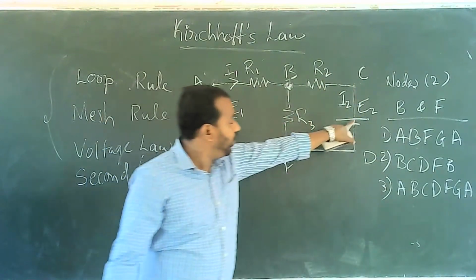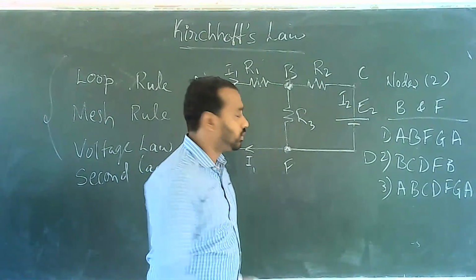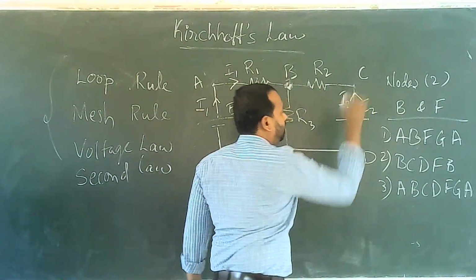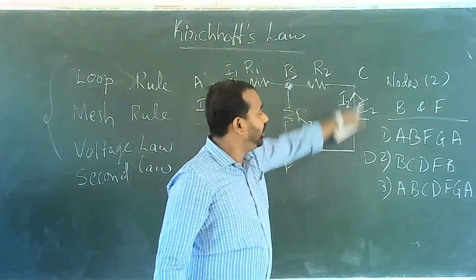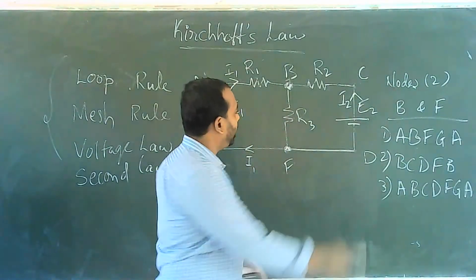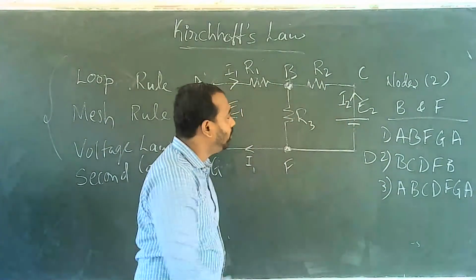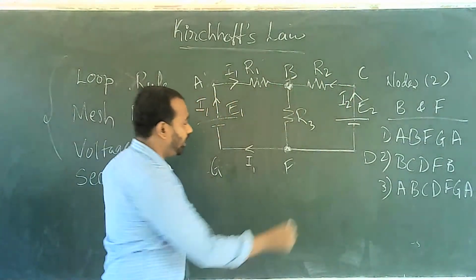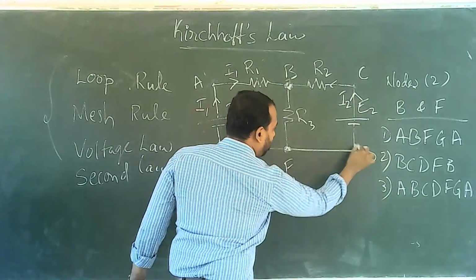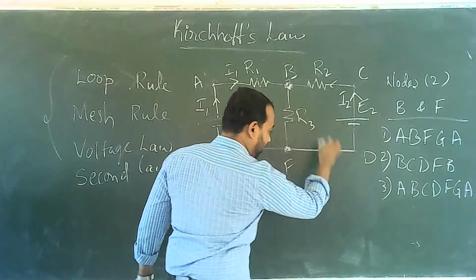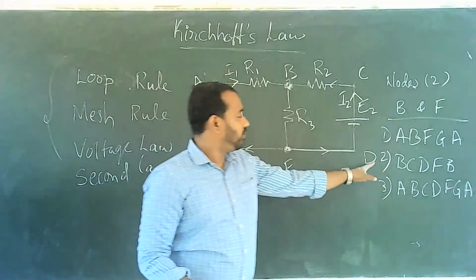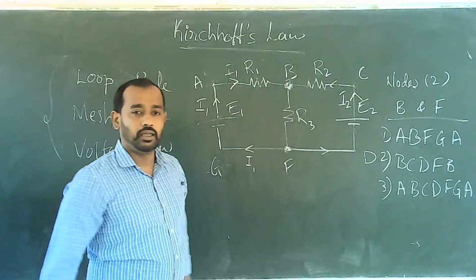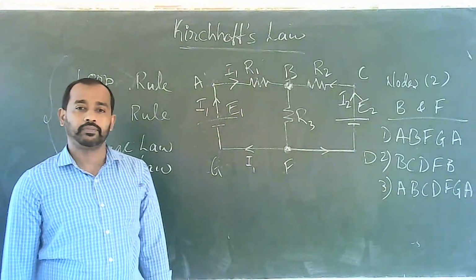What should be the direction? Away from the positive of E2, so from B to C. Then R2 is in series with E2, so the same current I2 flows through R2 also, with the same direction retained, from F to D.